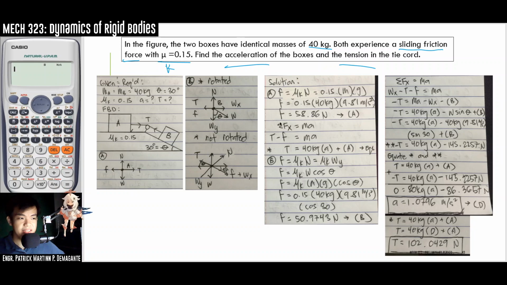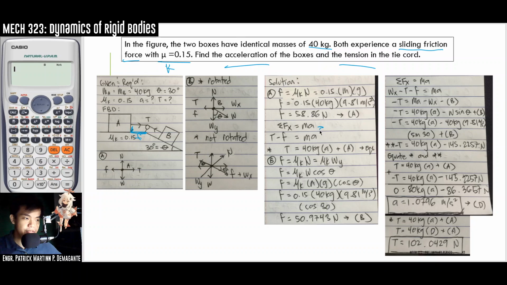Then, next is summation of forces along x. So, along this part. And so, yung force na yan, meron tayong frictional force, ayan. So, ito yun, may arrow yan. Yung arrow yan, frictional force, then yung tension. So, summation of forces is equal to net force is equal to MA.